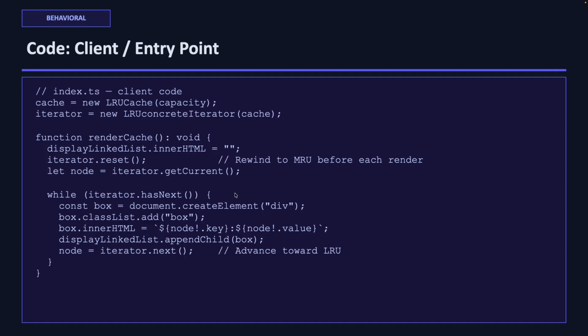It never knows about the underlying LRU linked list. It just calls reset, get current, and has next on the iterator. And the 8 lines of logic have zero knowledge of the underlying data structure. That's the payoff we have here.